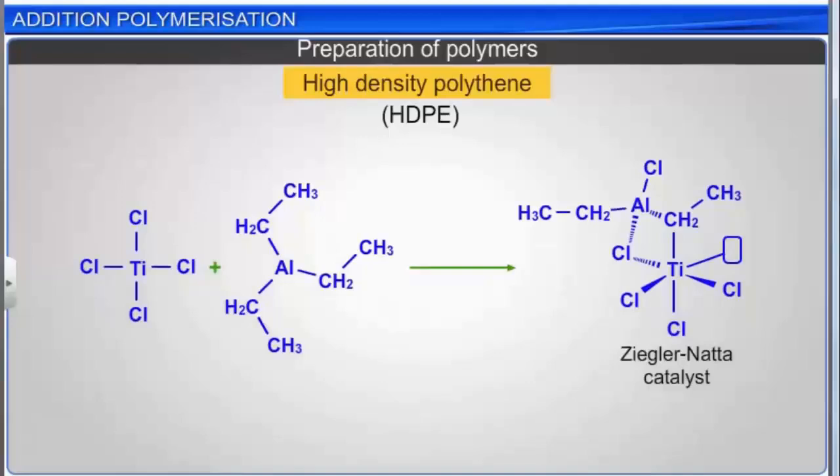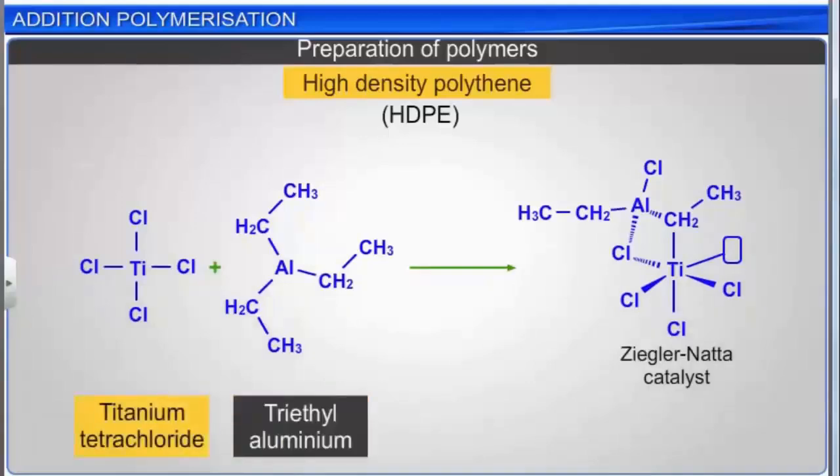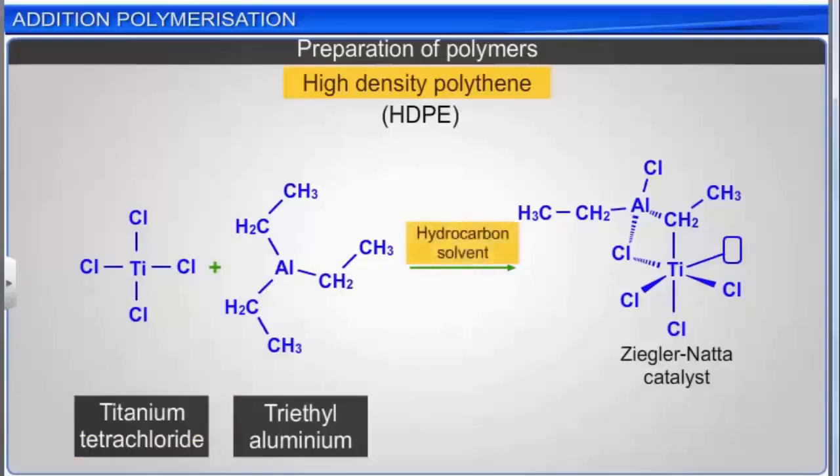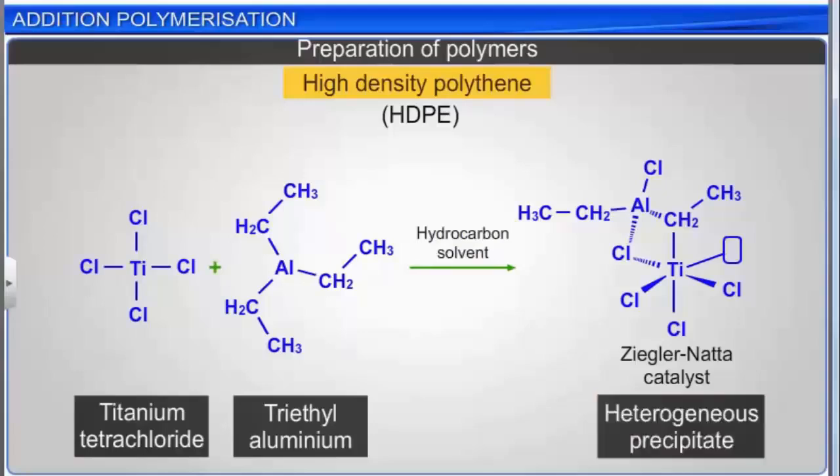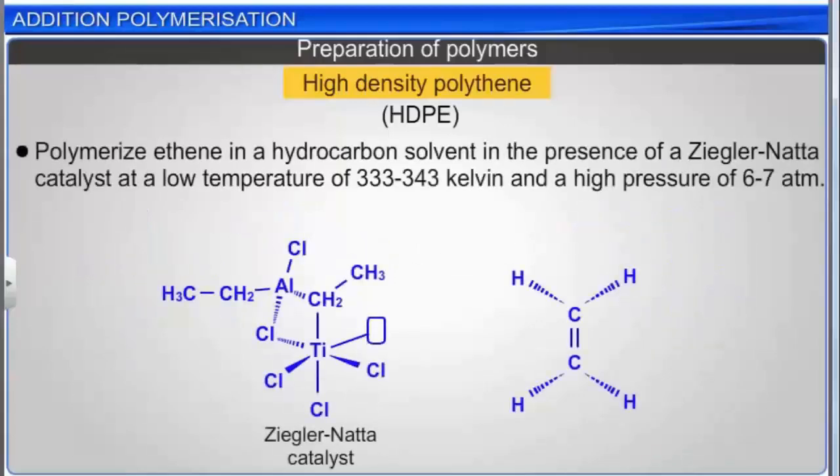When triethyl aluminium and titanium tetrachloride are mixed in a hydrocarbon solvent, a heterogeneous precipitate forms, which catalyzes polymerization of alkenes like ethene. The catalyst that results has an empty orbital on titanium, which can form a complex with double bond in ethene.